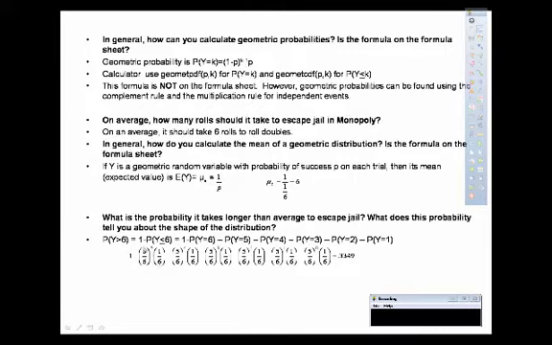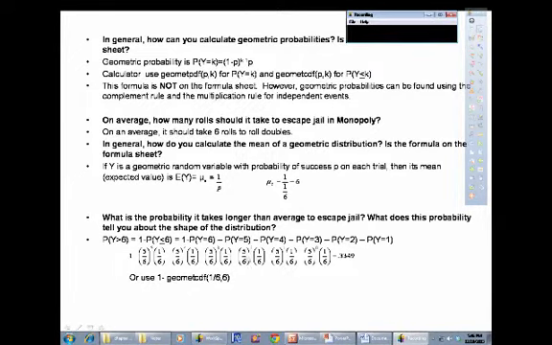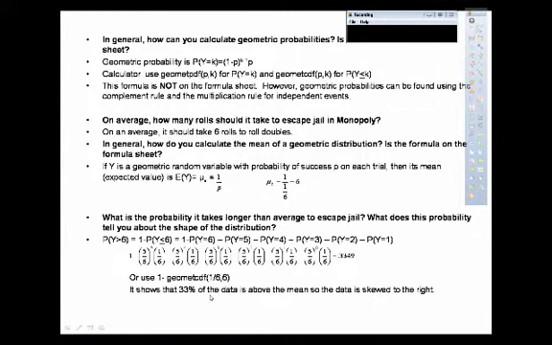5/6 and 1/6. There's our failures and our successes all the way down, and subtract them from 1, and we get 0.3349. So how could we do that on the calculator? Again, we're doing a less than, and so we would do 1 minus, since we're trying to find greater than, 1 minus the geometric CDF of 1/6, 6, and you're going to get the same answer.